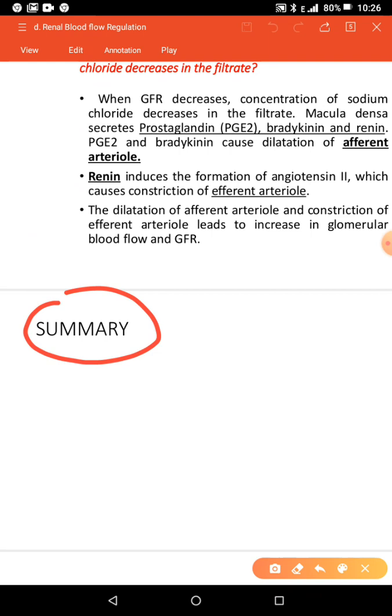To ensure that renal blood flow is constant, there are two mechanisms that regulate this: the myogenic hypothesis and the tubuloglomerular feedback mechanism.